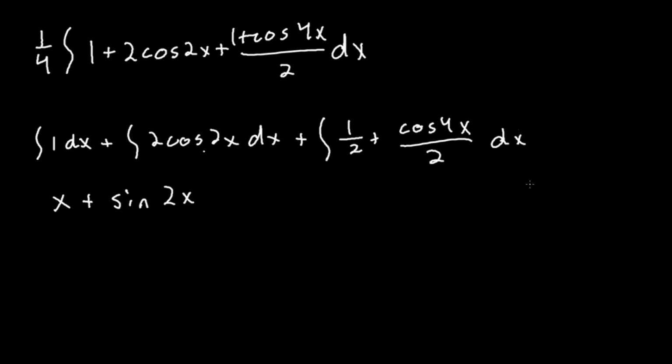But we have sine 2x here. I want to find the integral of 1/2. The integral of 1/2 is just 1/2 x. Let's write x over 2. The integral of cosine of 4x over 2 is equal to sine of 4x over 8.